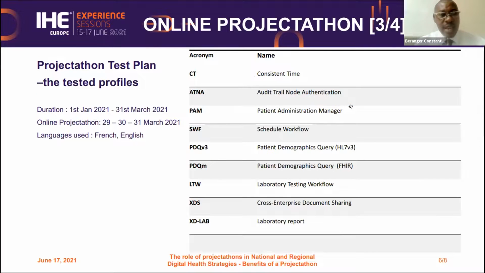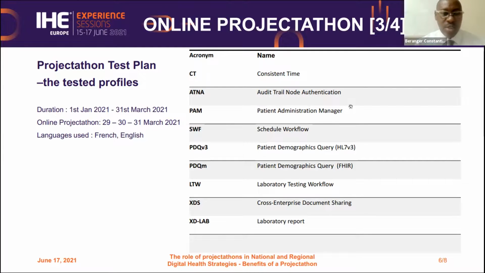You have in this slide the different tested profiles. We selected these profiles because of the use cases we chose at first for the project. These use cases, as you know, match with these profiles.